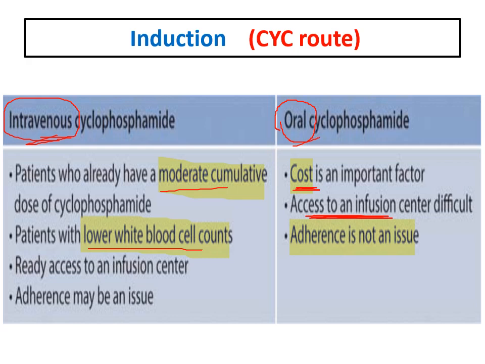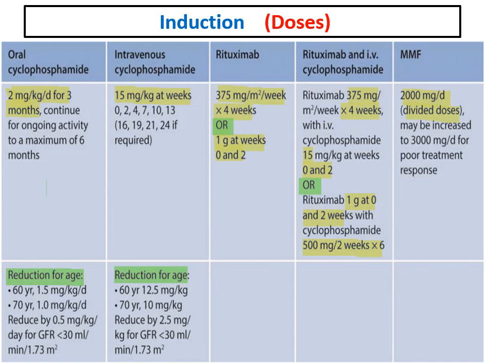Of course, we can give intravenous if there is access, or if adherence may be an issue. If your patient will not be adherent to oral treatment, then to give a proper dose, we can give intravenous cyclophosphamide. What about the doses for rituximab or cyclophosphamide?